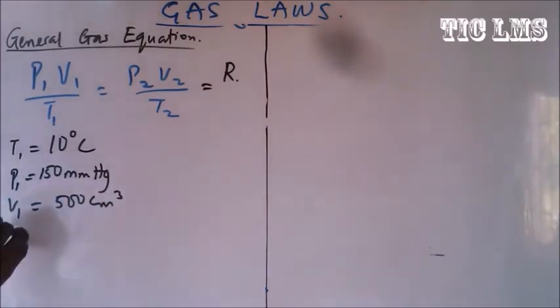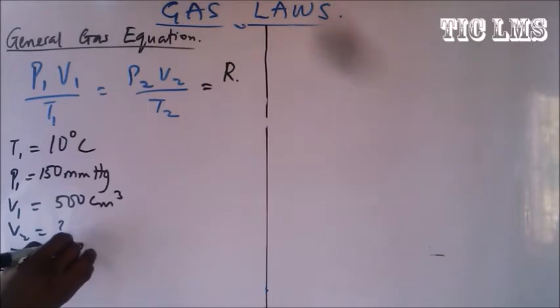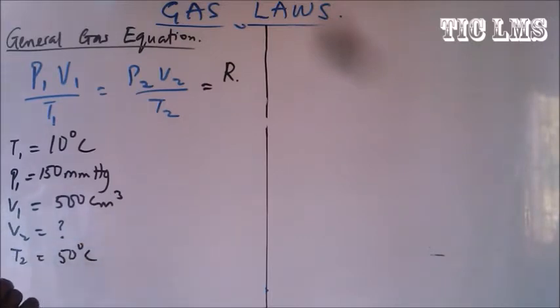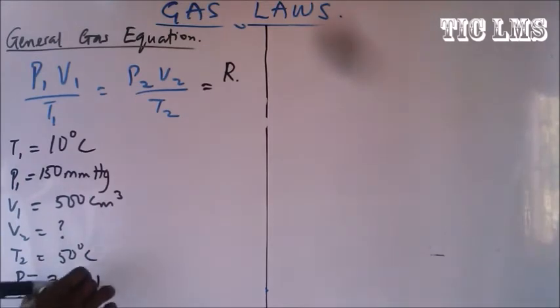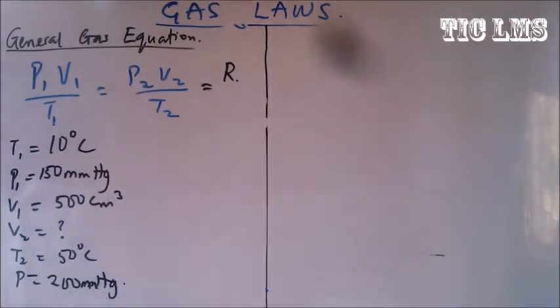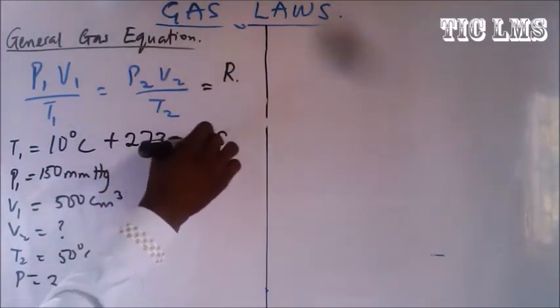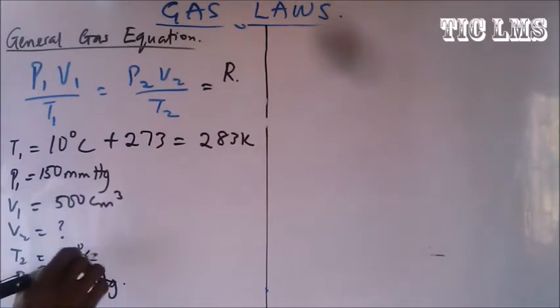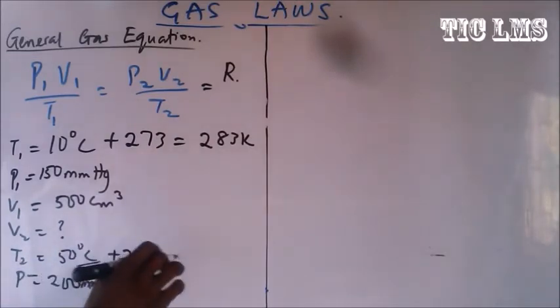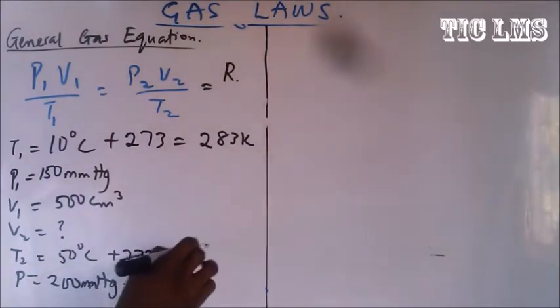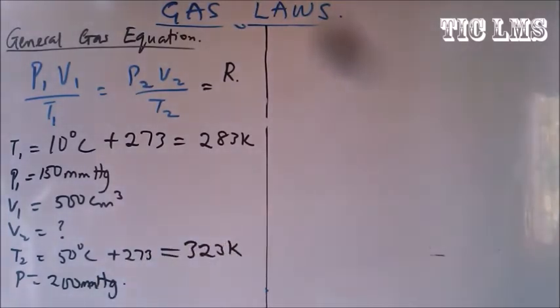We have to find the new volume, that is V2, when the temperature has increased to 50 degrees Celsius and we have a pressure of 200 millimeter mercury. First, let's convert the temperature in degrees Celsius to Kelvin by adding 273. Here we have 283 Kelvin and over here plus 273 and that gives 323 Kelvin.